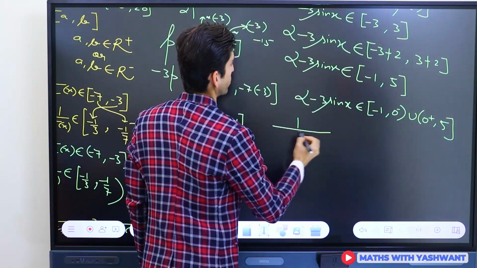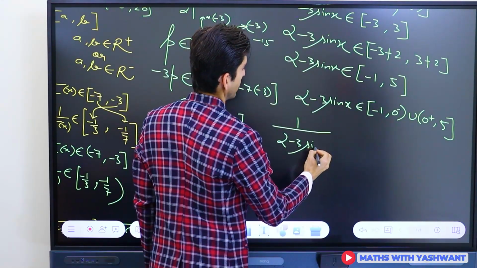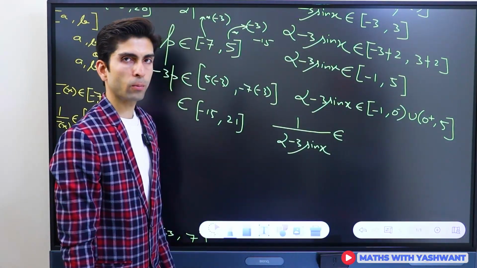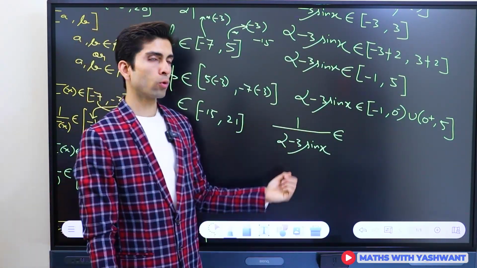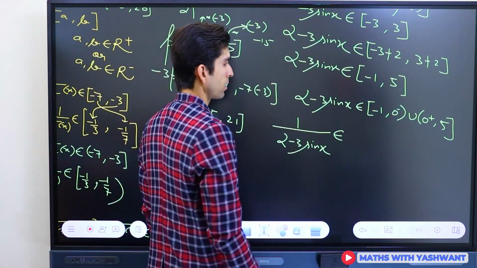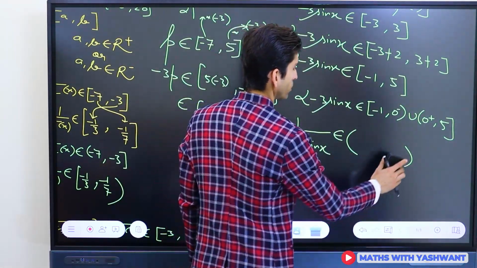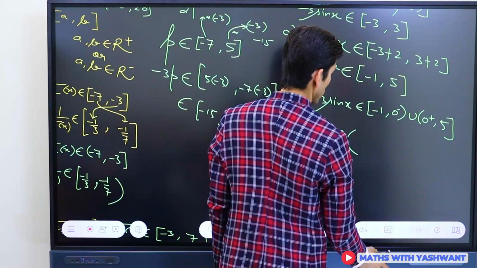Now 1 upon 2 minus 3 sin x means we will do the reciprocal. When we do the reciprocal, we follow the working rule of case 2 that I have just taught you. So we do the reciprocal and reverse the order of the boundary points.